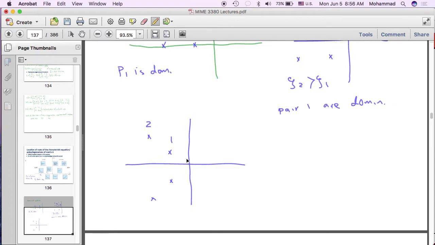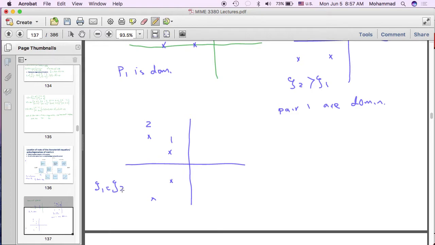If you draw the line, I wanted to put them all on the same line. When you draw the line, they would both get the same damping ratio. Do you see that? So zeta 1 is exactly equal to zeta 2.